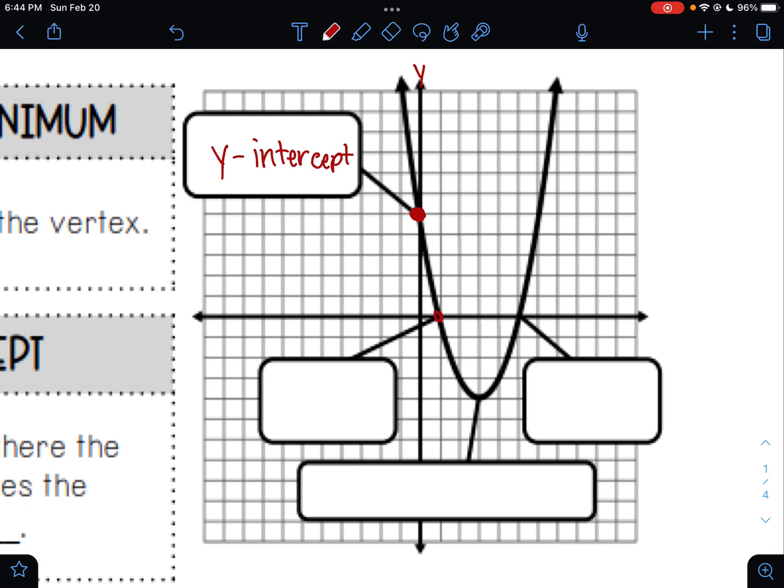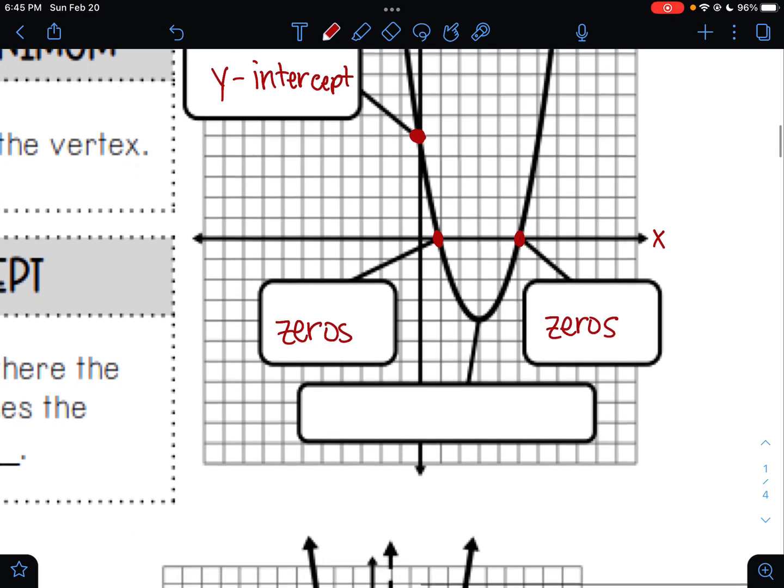Then our parabola is crossing the x-axis at 2 different spots, so this parabola has 2 zeros. And then this lowest point at the bottom can be called the vertex, and since it's the lowest point, it could also be called the minimum.